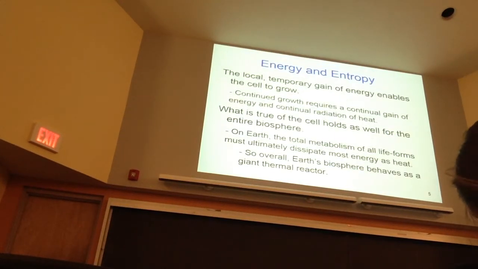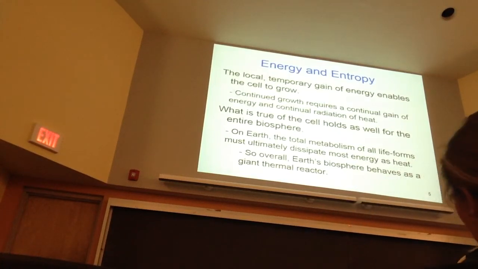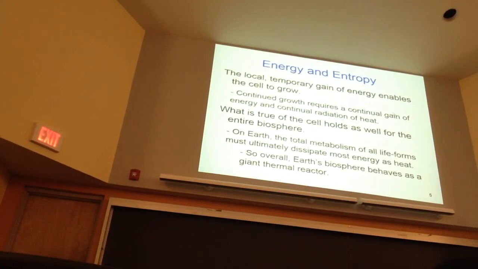Okay, and it's this kind of interesting local temporary gain of energy that enables the cell to grow, to temporarily restrain the entropy. And it requires a continual gain of energy, and then radiation of heat. Heat is this byproduct of at least cellular metabolism.